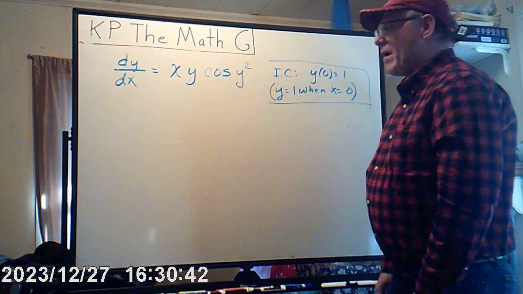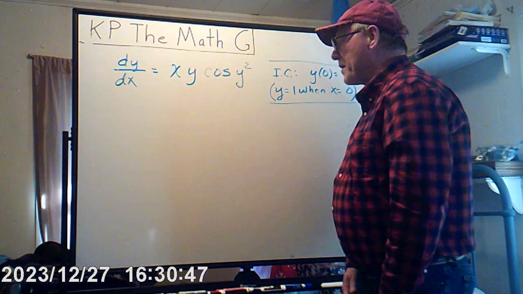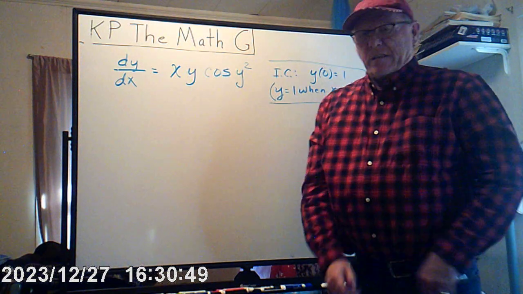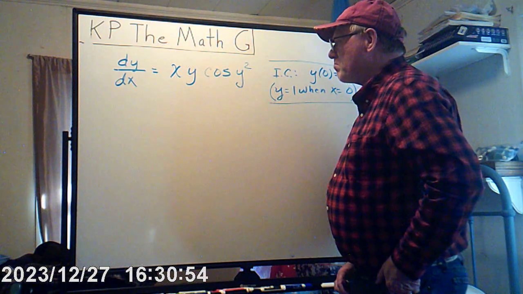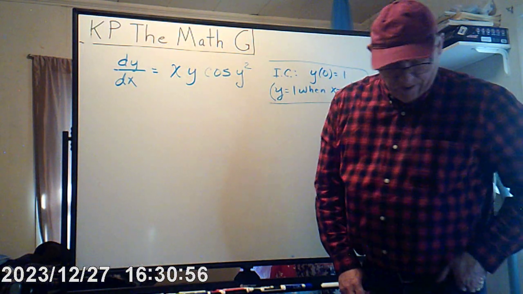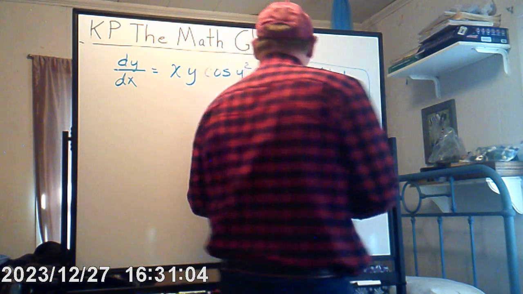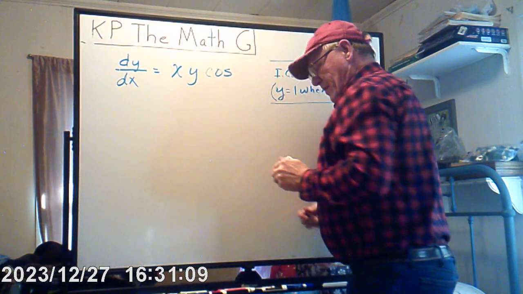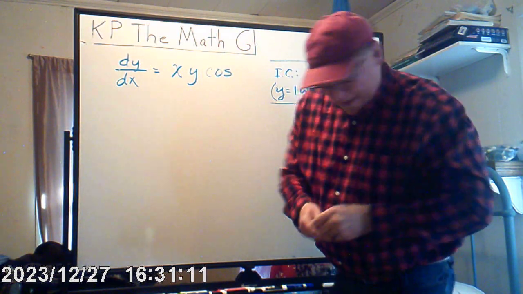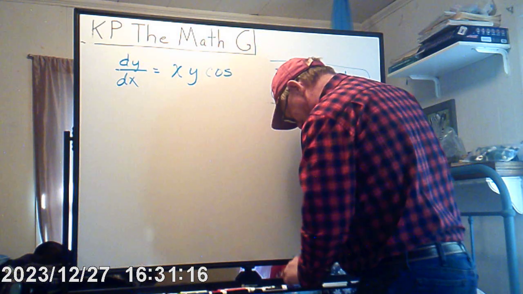Okay, dy over dx is equal to xy cosine y squared. I'm thinking that I should have written this as cosine x squared. That does not look correct, so let's make it an x here instead of a y, otherwise we're going to have trouble integrating this.